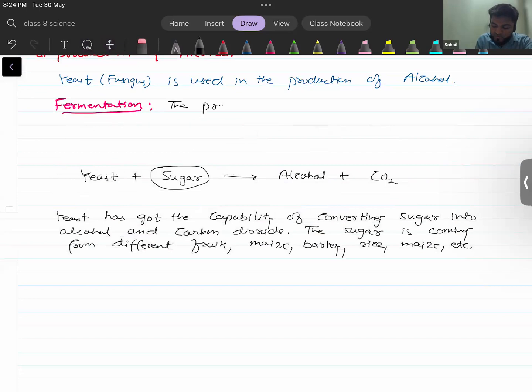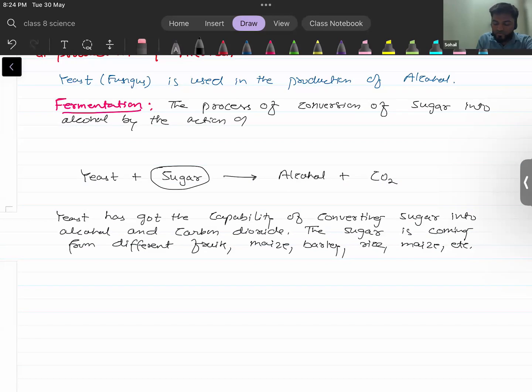The process of conversion of sugar into alcohol by the action of yeast is called fermentation. Okay, read the definition. Ahmed, read the definition.